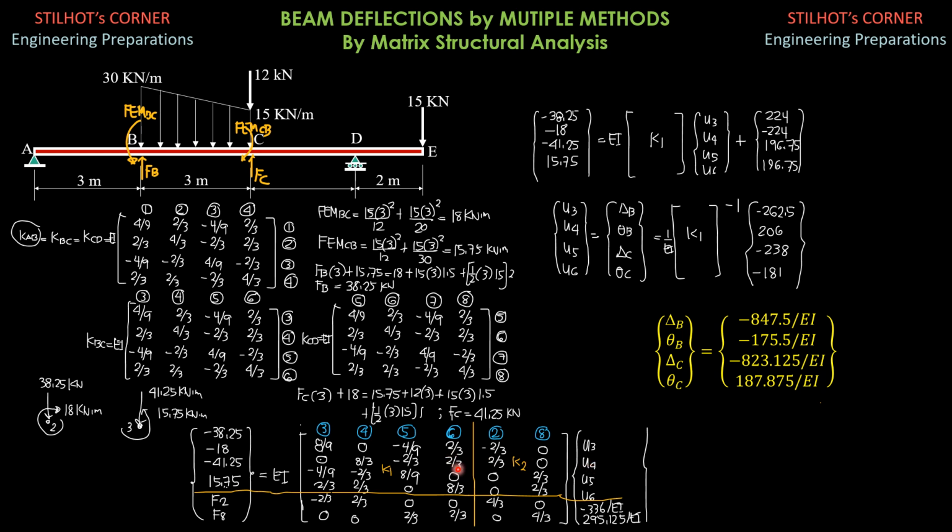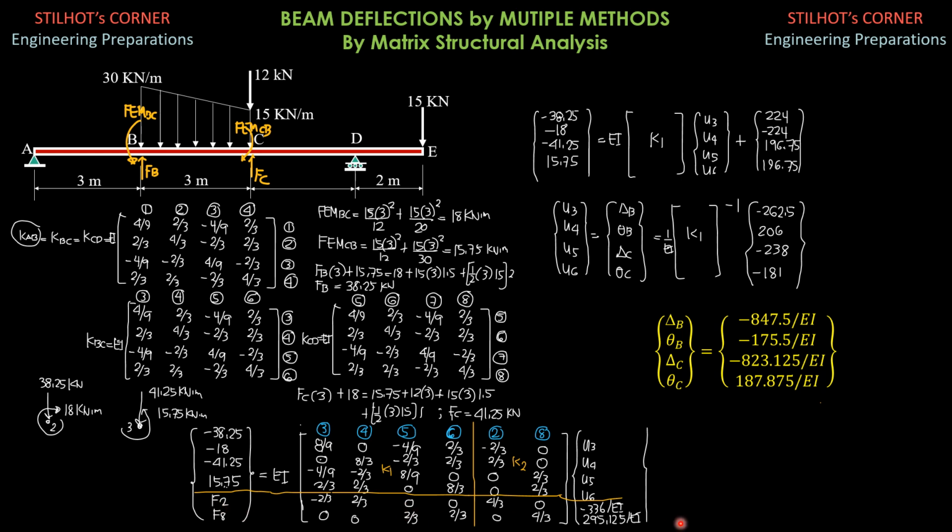Then 4, 6 is 2/3. 4, 2, we have 4/3 here. 4, 8, sorry, 4, 2 is 2/3, so that's why you have 2/3 here. And 4, 8 is 0, and so on and so forth. We know already this as students in matrix.